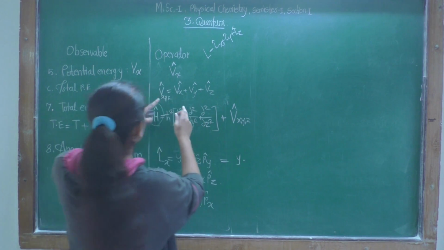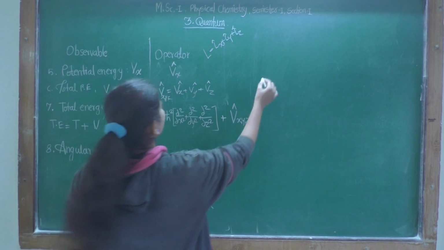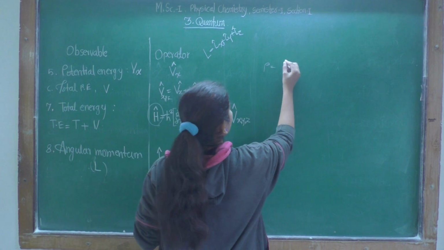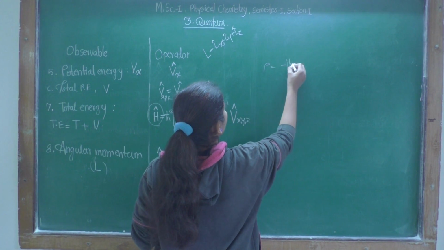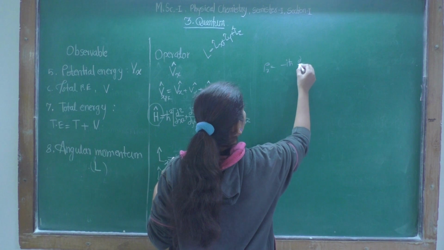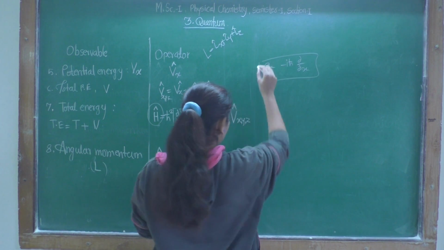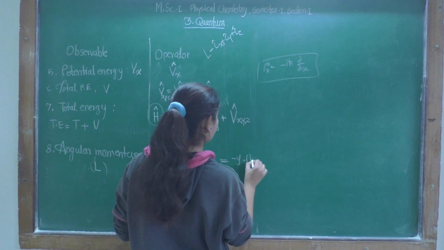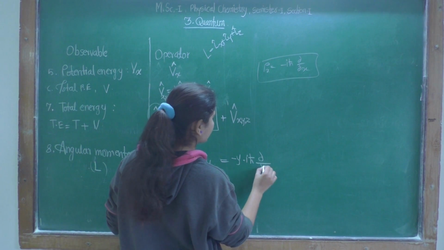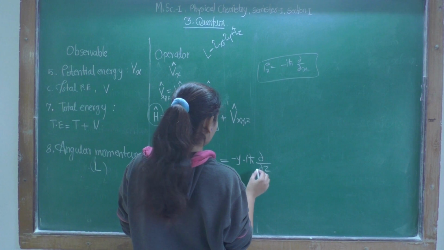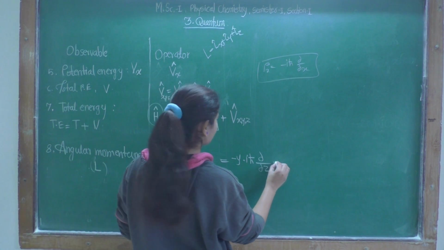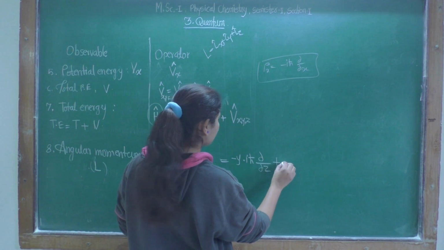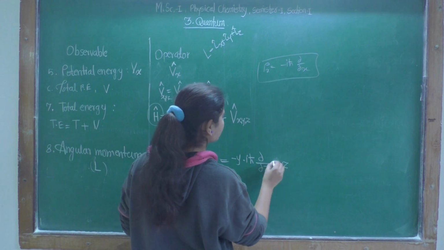Linear momentum p was minus iħ ∂/∂x, similarly pz will be minus iħ ∂/∂z. Now again see, minus minus plus, z times py.